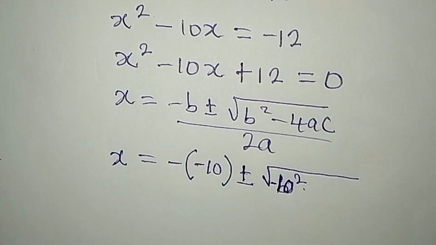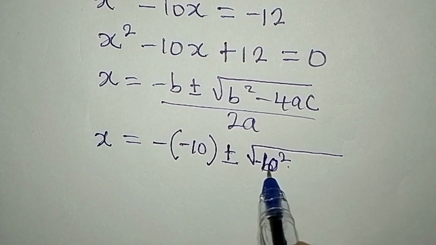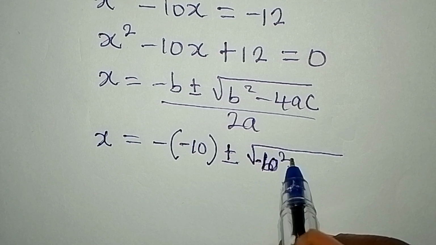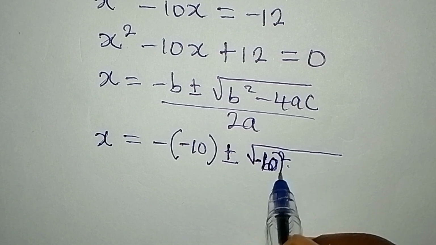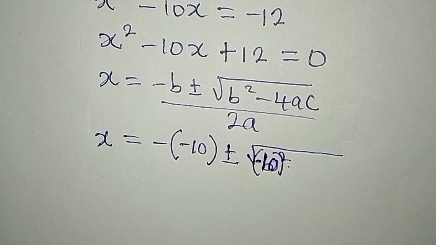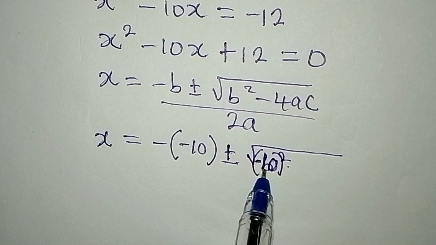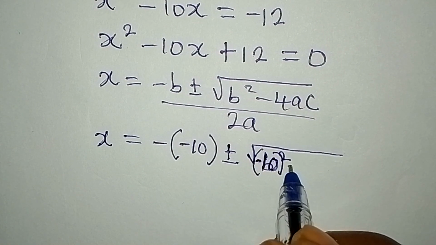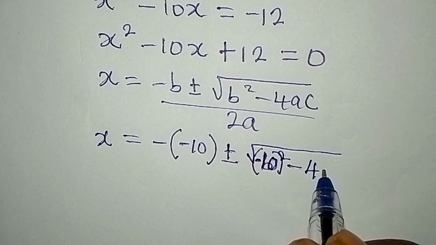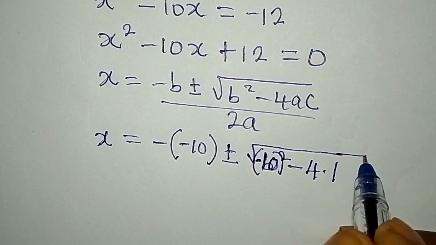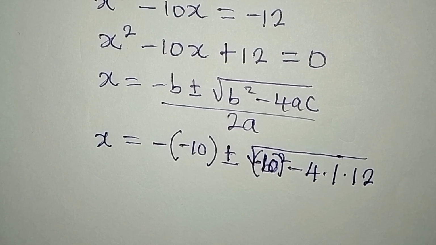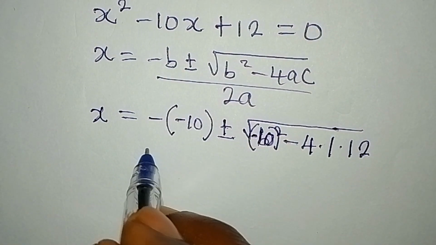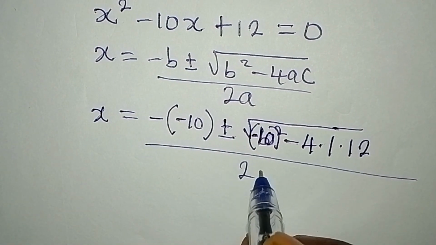But mind you, if you write it like this, you will be wrong, because this negative is not going to work with the square. So you have to have this in bracket. Remember, this is minus 10 squared. Then minus 4 multiplied by a, which is 1, then multiplied by 12, because our c is 12. Then everything is over 2 times 1.